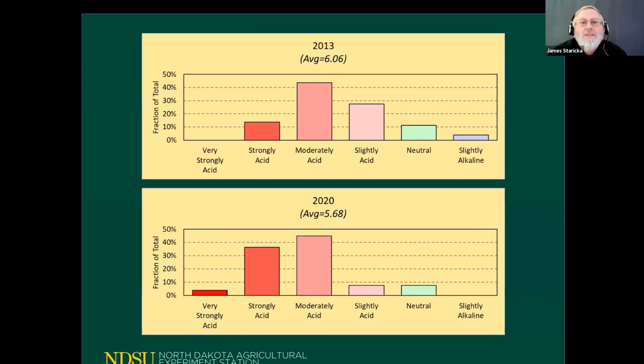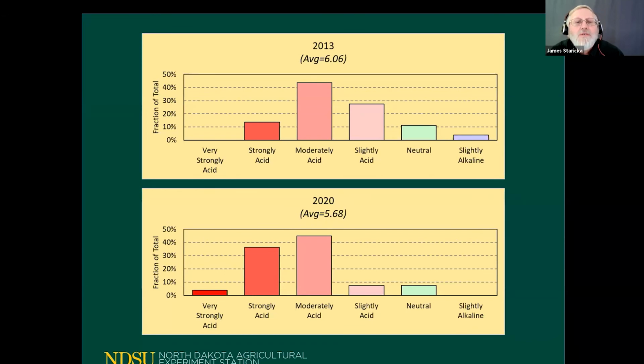The number of plots in the slightly alkali, neutral, and slightly acid categories decreased, while the number of plots in the strongly and very strongly acid categories increased. And you'll see now there are 31 plots, or 40% of the area, in the strongly acid or very strongly acid category. This is of concern because, remember, this is a level where soil acidity begins to negatively affect crop yields.